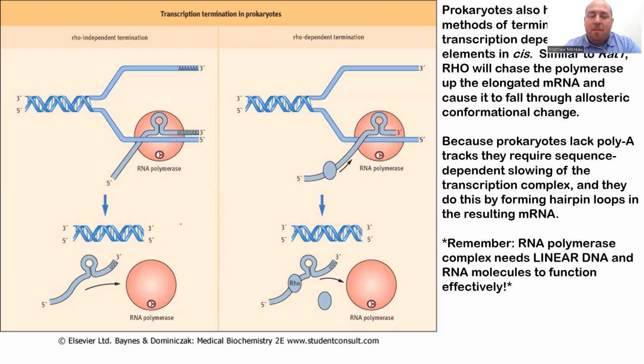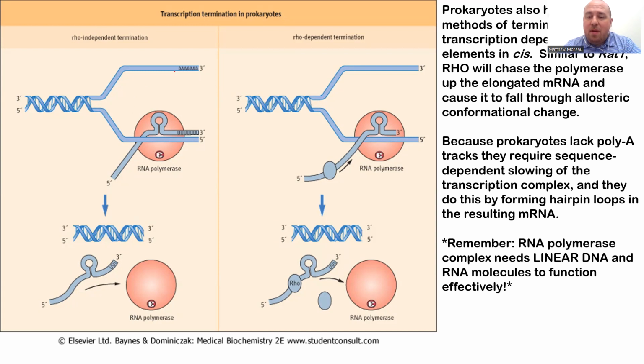So the 3' untranslated region is a region of the DNA that has sequences or sequence structure by which the RNA polymerase and the transcription complex is compromised in its ability to bind and polymerize more mRNA.